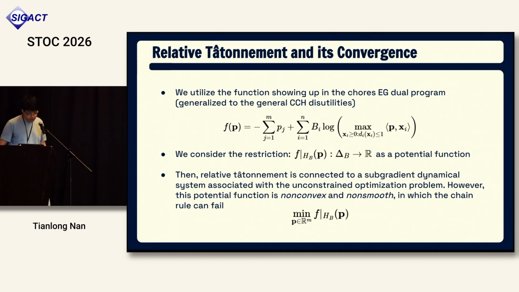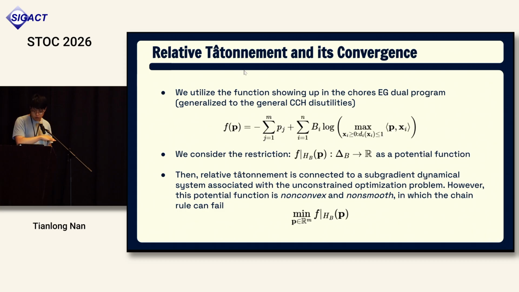Here I just present the general version for any CCH disutilities. The inner log part is defined like the indirect disutility functions, which was also mentioned in their paper.